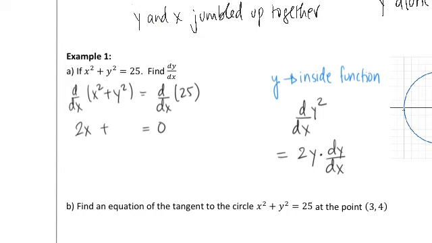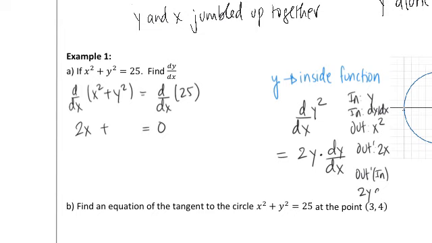If you want to think about it as inside and outside, the inside function is y, the outside function is the square, in prime is dy/dx, and out prime is 2y. So out prime of in becomes 2y, and then in prime is dy/dx. So the derivative of this whole thing is 2y dy/dx.